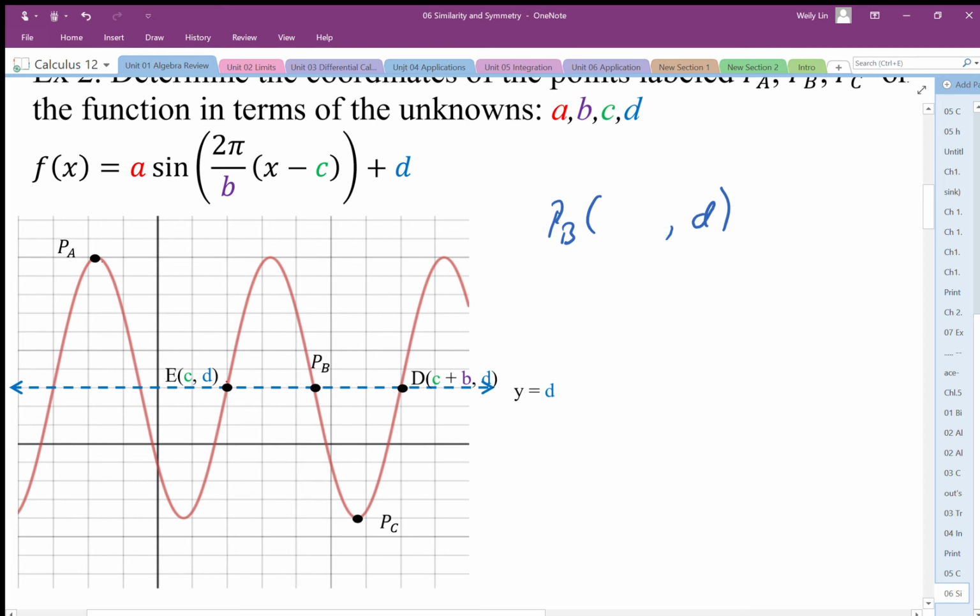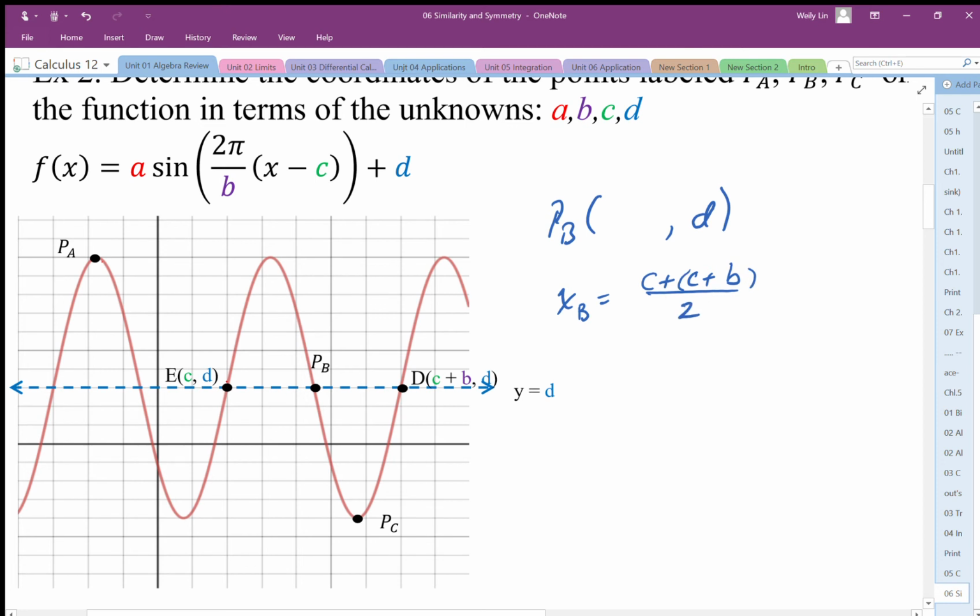Okay, so if I want to find the x-coordinate of B, I can kind of measure halfway, but I can do that fairly easily by using this half-point formula, or the midpoint formula, which is basically the arithmetic average.